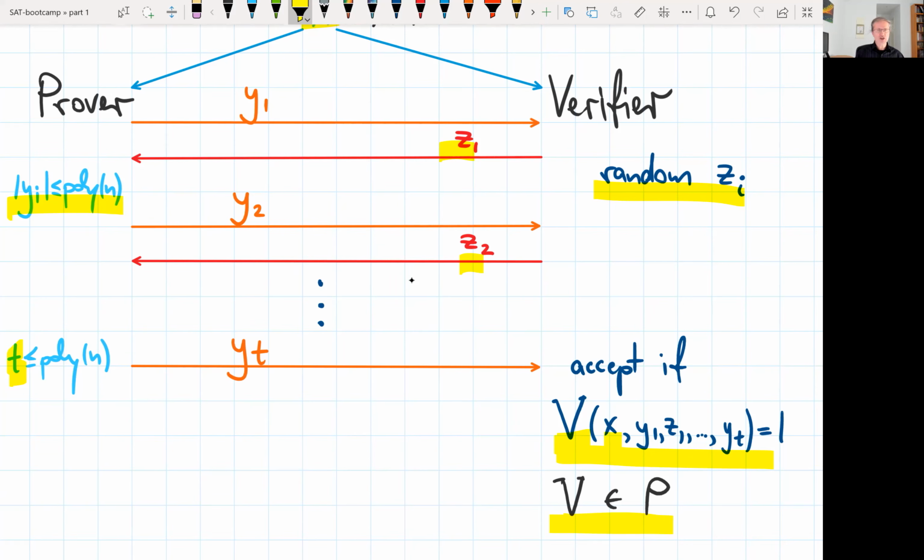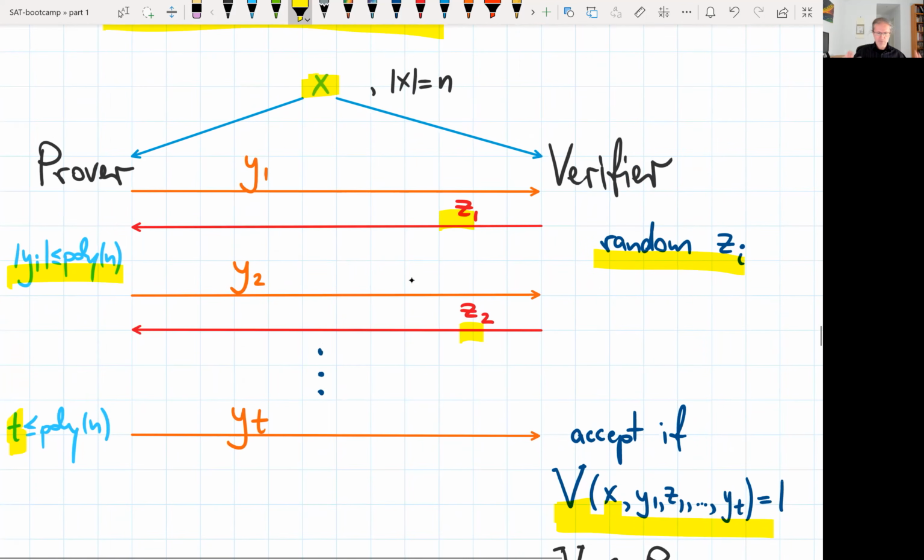So we have interaction and randomization, and with these two ingredients, we have a proof system which is seemingly more powerful than the classical proof system for NP, where we had only one round and the verifier was a deterministic polynomial time algorithm, no randomness used.